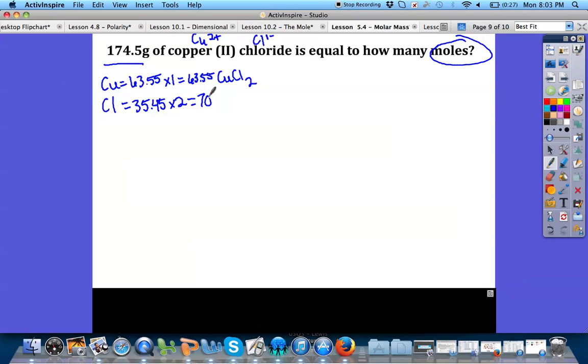This will give us 70.90, and add those together, you should get 134.45 grams per mole.